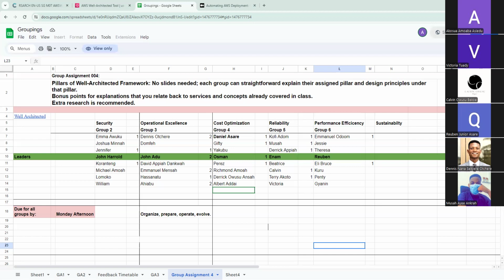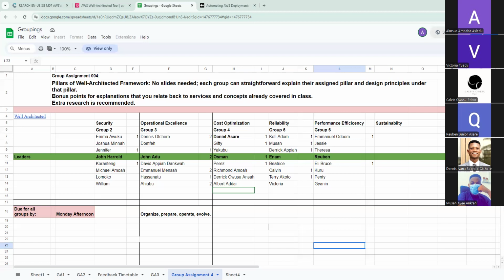Then you go to operate. Now you have the tools, the knowledge and the resources, so how do you use them to operate? Just as the topic says, operational excellence, you need to operate in an excellent manner.